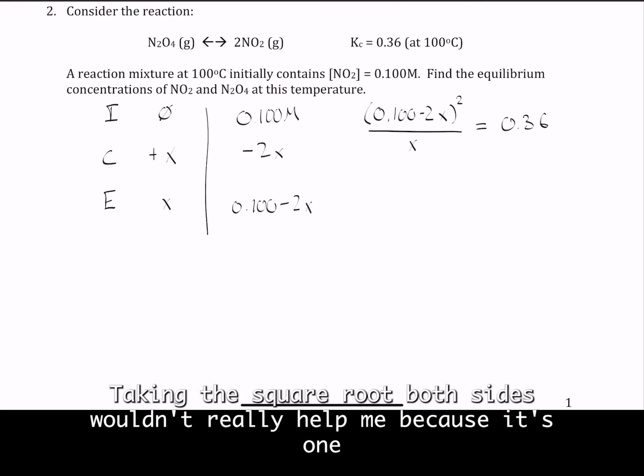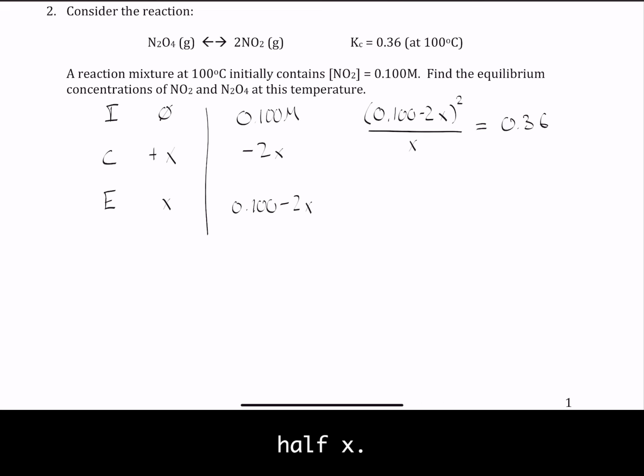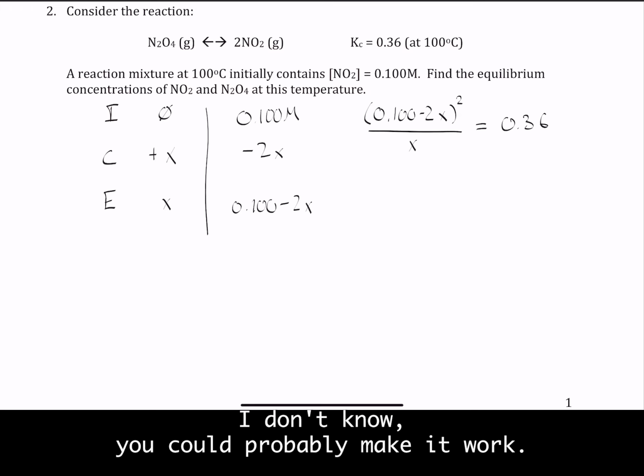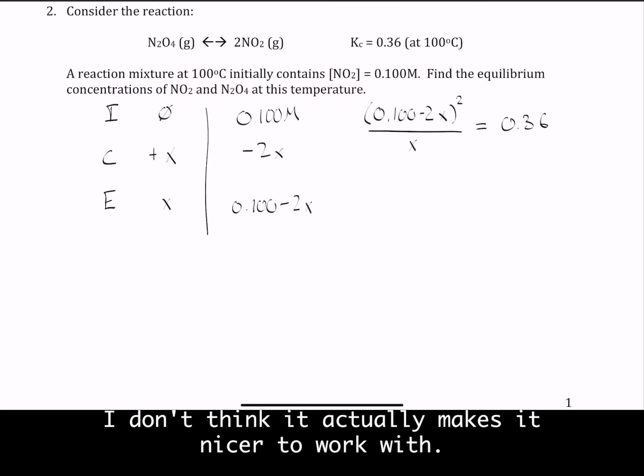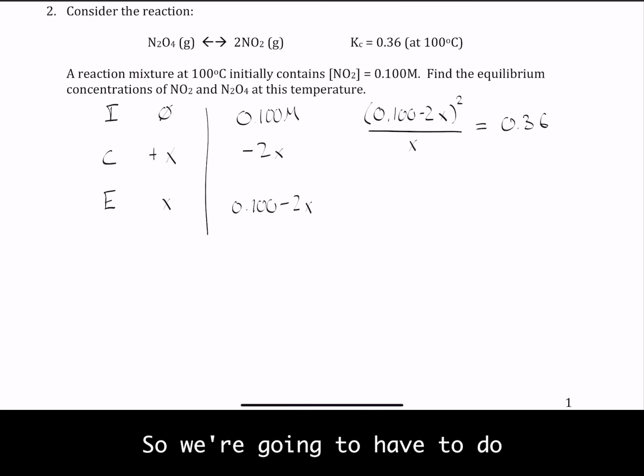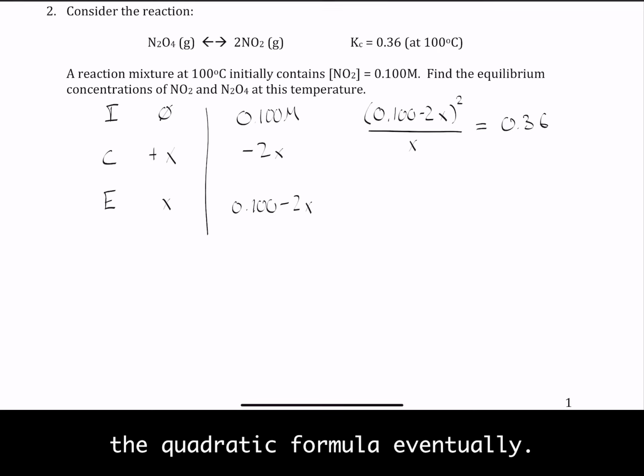Taking the square root of both sides wouldn't really help me because I get this 1/2 x. I don't know, you could probably make it work. I don't think it actually makes it nicer to work with, though. So we are going to have to do a quadratic formula eventually.